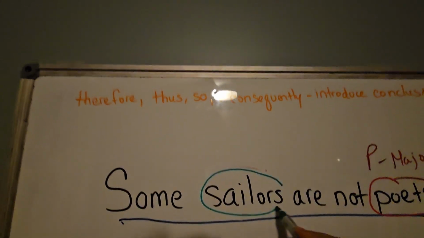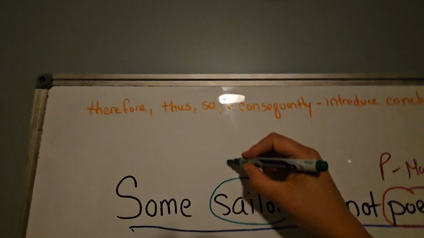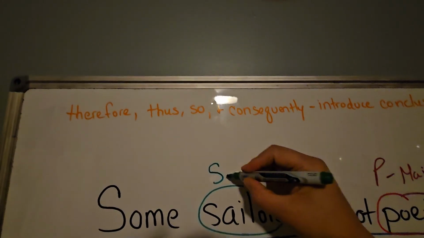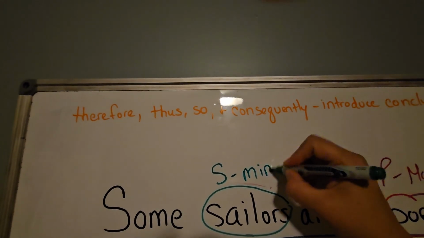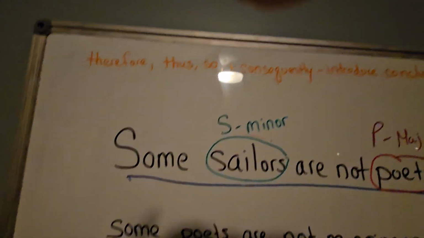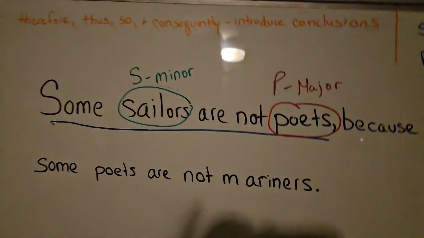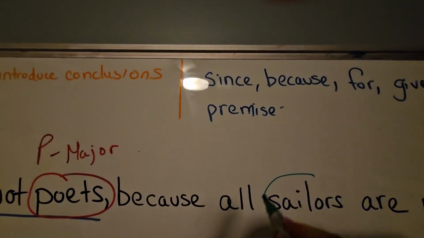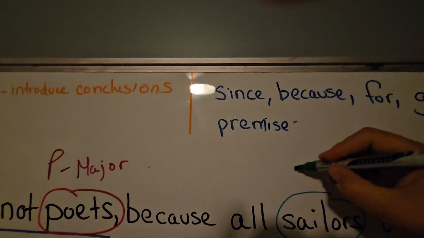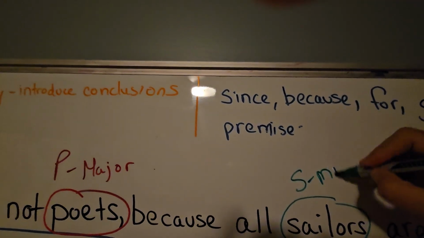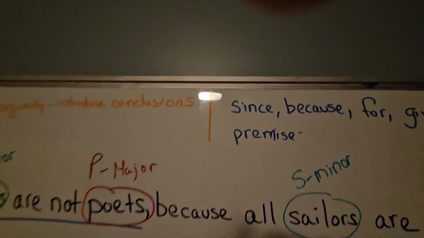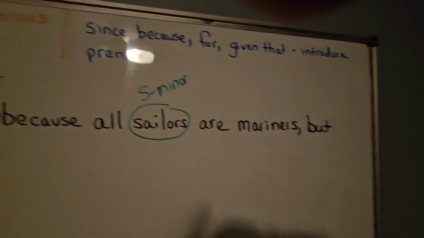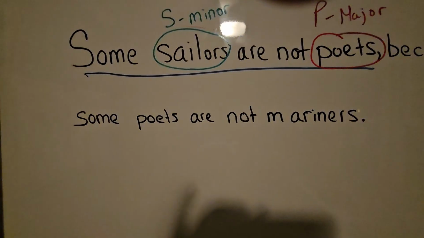Sailors is my minor term, and it's labeled with an S. And I will write that that's minor. Now you can go to your premises and find the other sailors and circle it, because it's always going to be your minor term in every sentence of the argument. That's the only other place that sailors is going to be though.